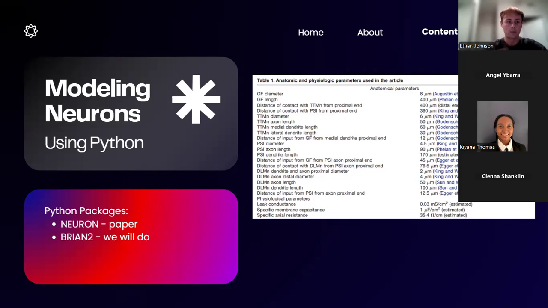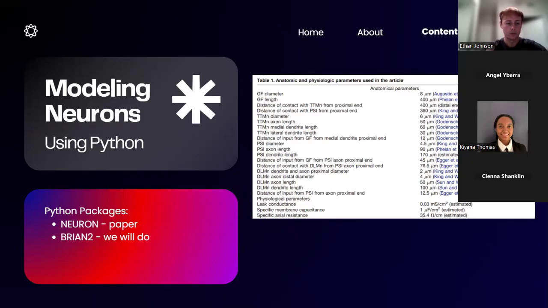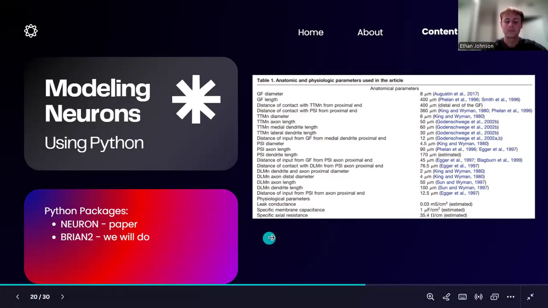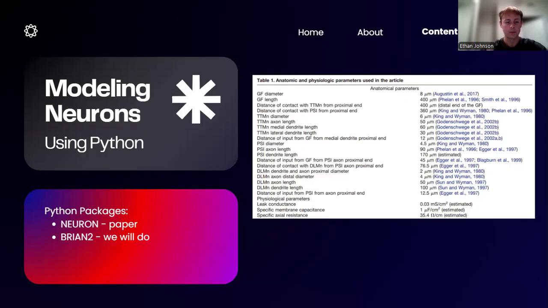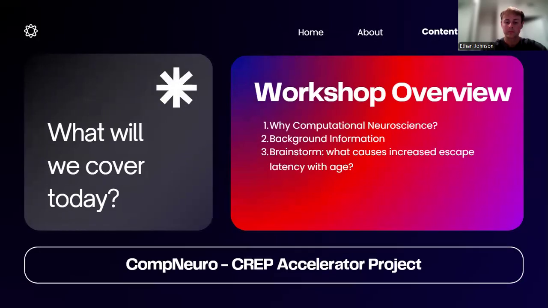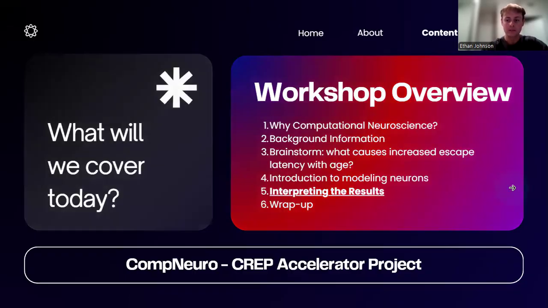So we see that this is all based in real data. And there are different Python packages that help people do this. So the paper used Neuron in this case, and we'll be using Brian2 to replicate it in a different manner to see if we get the same results that the paper did. All right, so now going into interpreting the results.